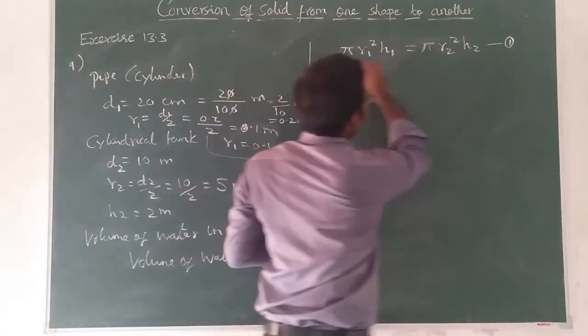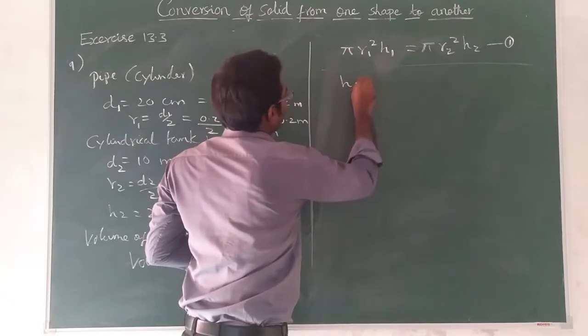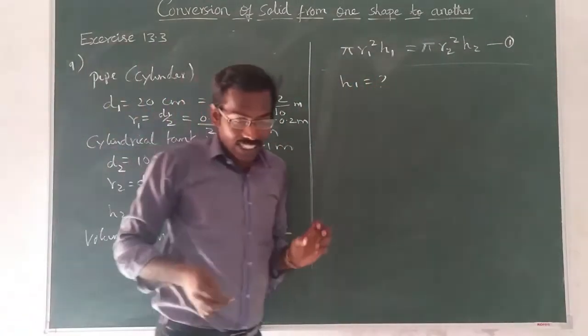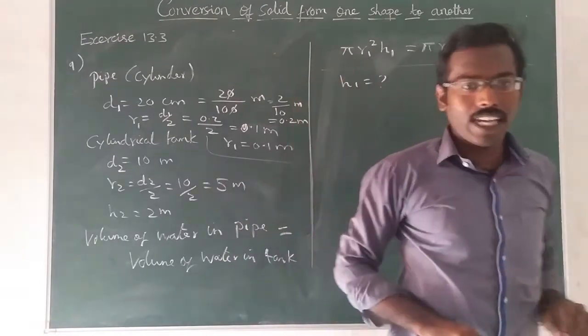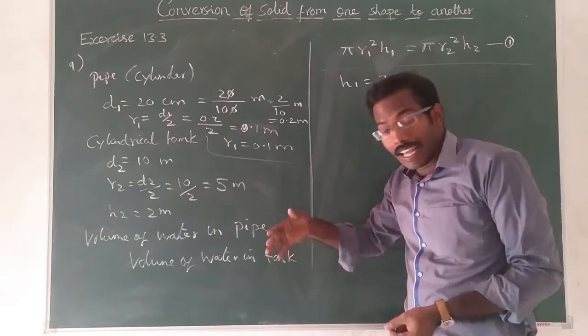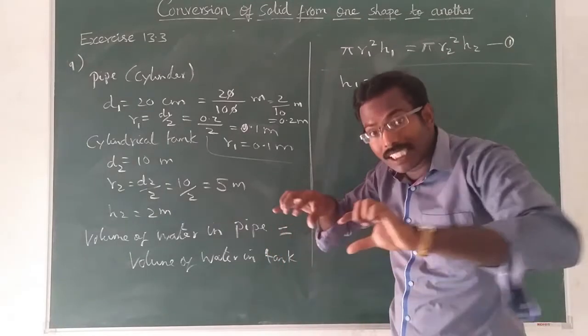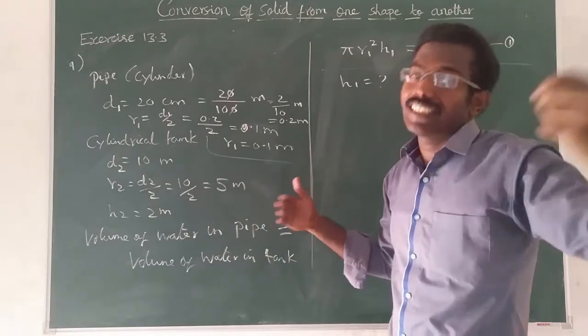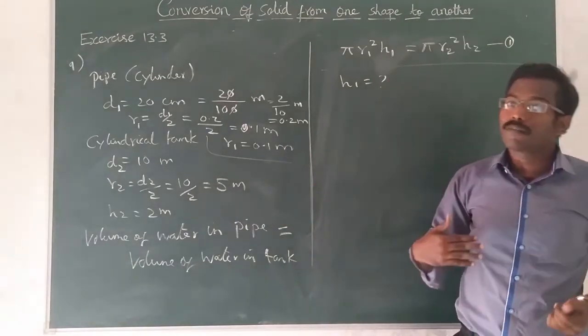Listen very carefully. h1 is equal to what? h1 is the height of the cylinder, that is height of the pipe. So how will you find the height of the pipe? See, in the pipe, how much height or how much distance the water flows, that is the height of the pipe.